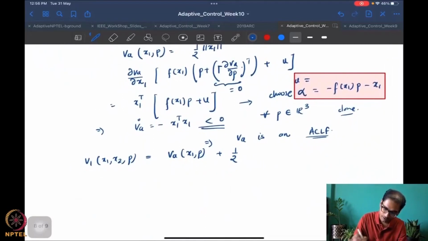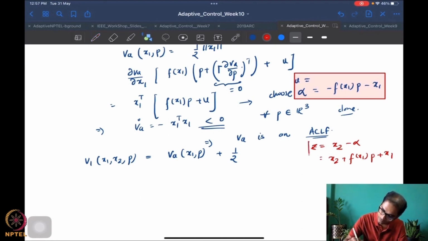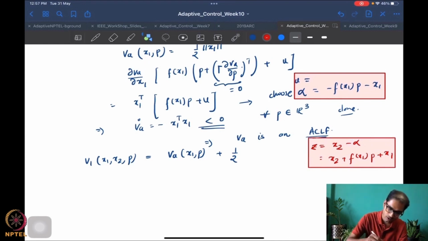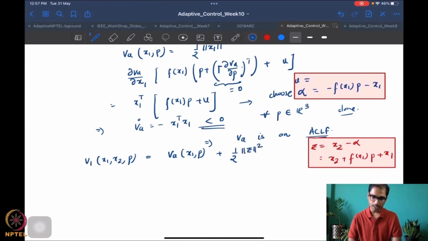The backstepping error is z equal to x2 minus alpha, which is x2 plus f(x1) p plus x1. This is just the standard backstepping error term, and so this is the norm of z squared. This is my ACLF for the new system.